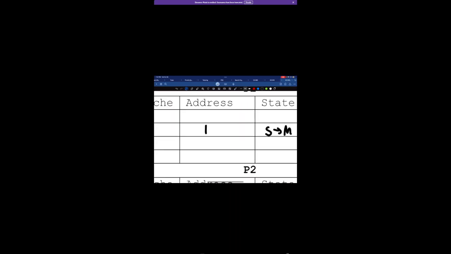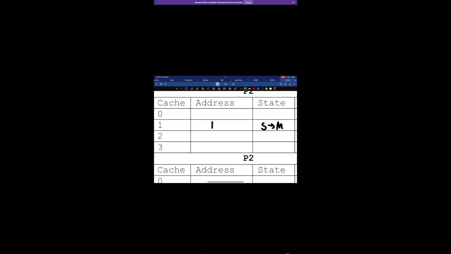Here we're on processor 2, and we're working with R1 and 5. R1 stores 8, and we're looking for address 5 on processor 2. We had address 5 in cache 1, cache index 1, but then it was replaced by address 1 here. Now we don't have it anymore, so we get a miss. Based on that miss, we check, does cache 1 have it? We do not have it in cache 1, so we get a full miss.